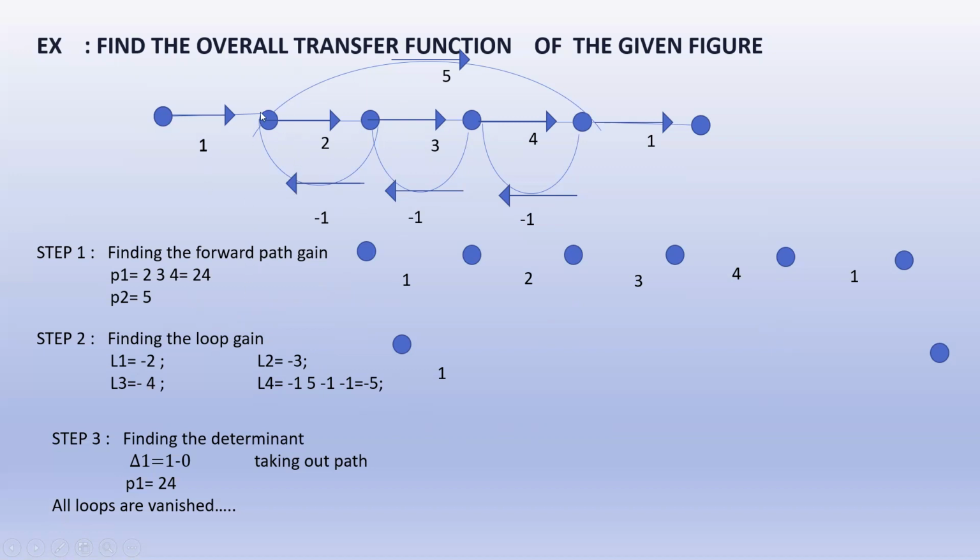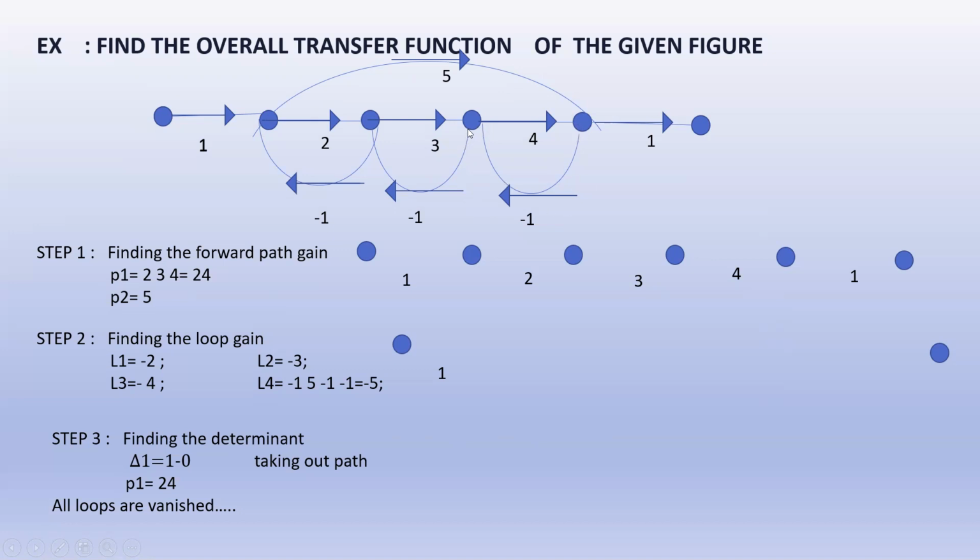So we have this first loop, 2 into minus 1, which is minus 2, and we have the second loop, 3 into minus 1, minus 3, and we have this third loop, 4 into minus 1, which is minus 4, and we have another loop which starts at this node, and if we traverse along this path, that is 5 into minus 1.